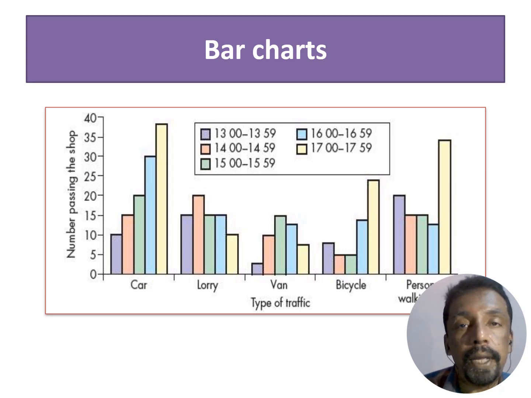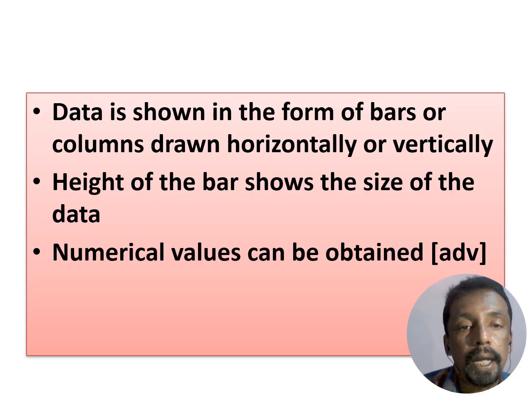The next way of presenting data is using bar charts. This is a typical bar chart. Data is shown in the form of bars or columns drawn horizontally or vertically. Height of the bar shows the size of the data.